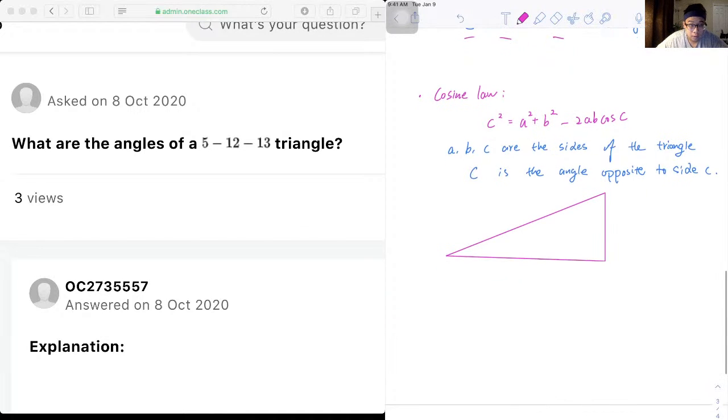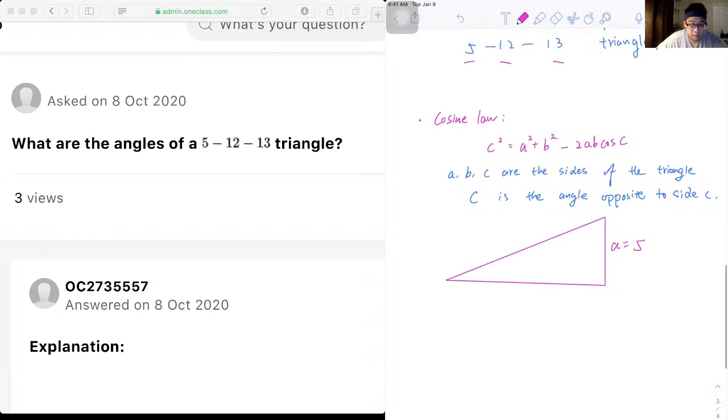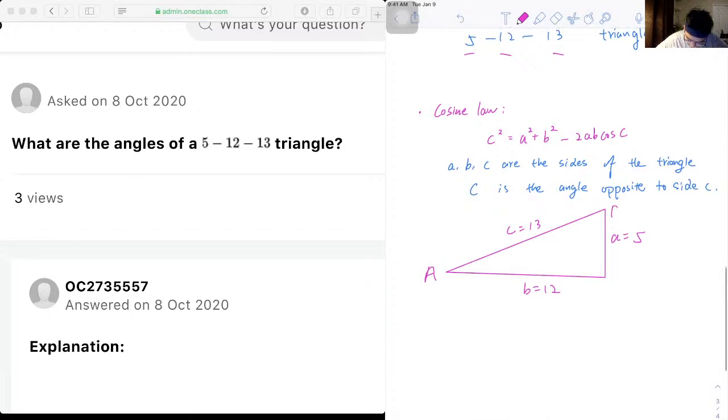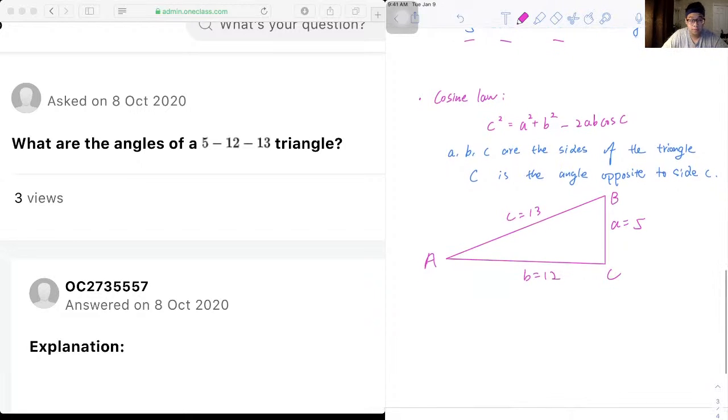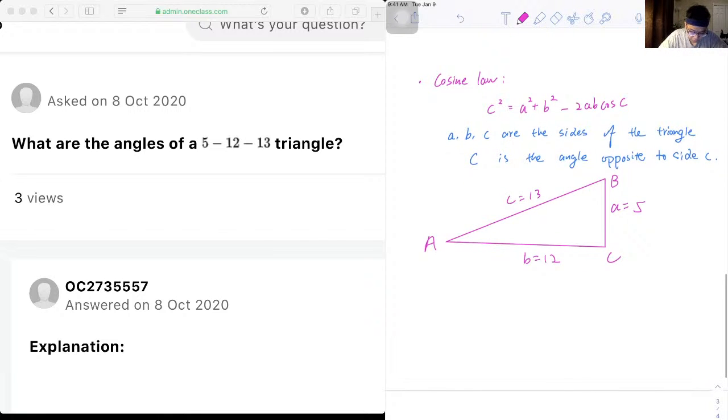So we have short leg a equal to 5, b is 12, c is 13, and the corresponding angles are A, B, and C. Okay, so that's what the triangle looks like. And in order to solve for C, we just need to substitute the numbers in.